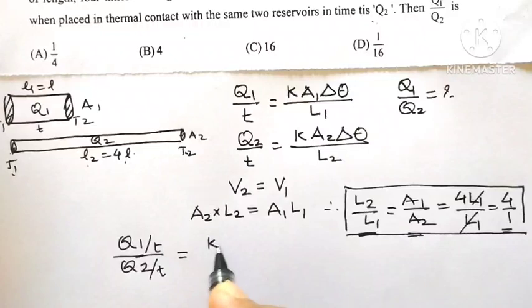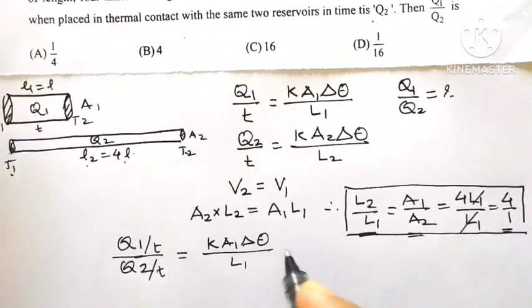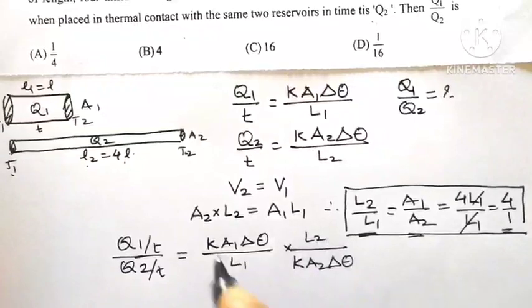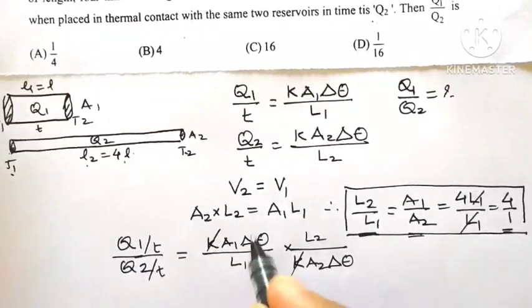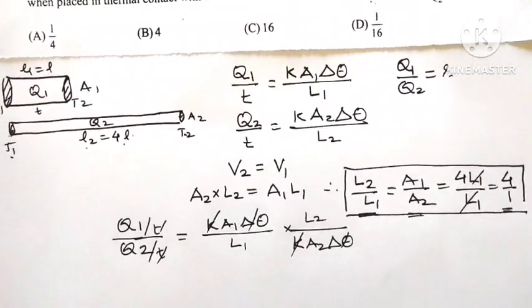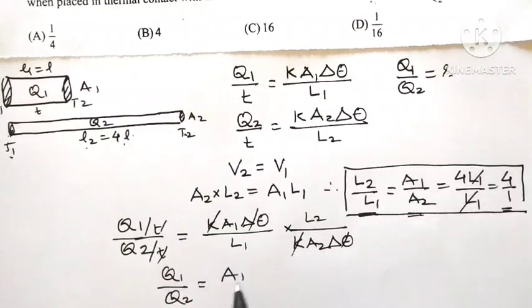So this is equal to K A1 del theta upon L1 divided by K A2 del theta upon L2. K gets cancelled, del theta gets cancelled, t gets cancelled, and finally Q1 divided by Q2 is equal to A1 divided by A2 into L2 divided by L1.